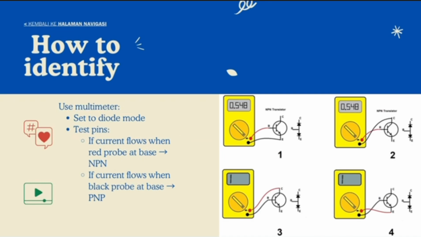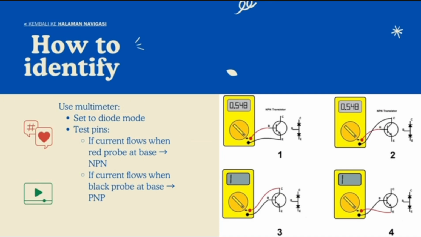If and only if the current flows when the red probe is connected to the base, the transistor is NPN. But if the current flows when the black probe is connected to the base, the transistor will be PNP. This method is very simple and useful when working with electronic components.